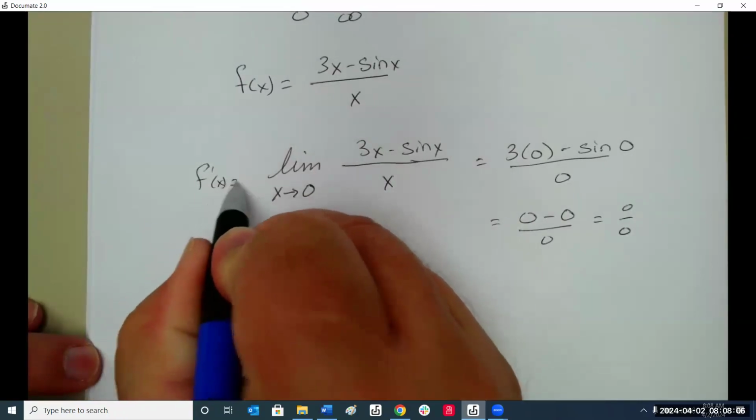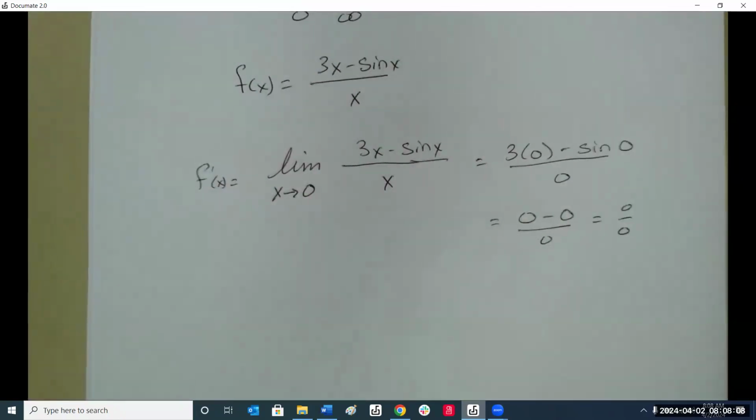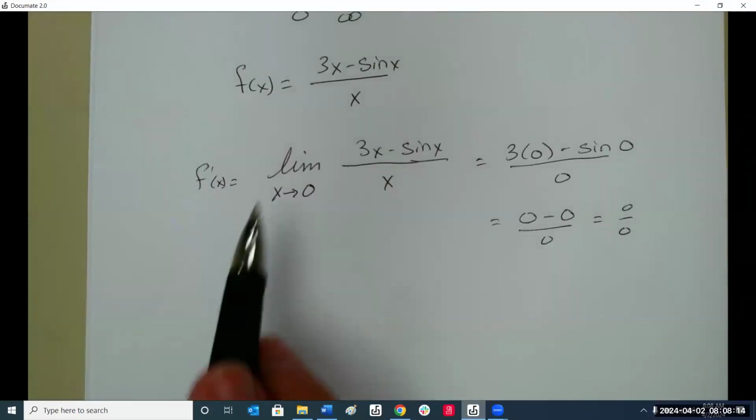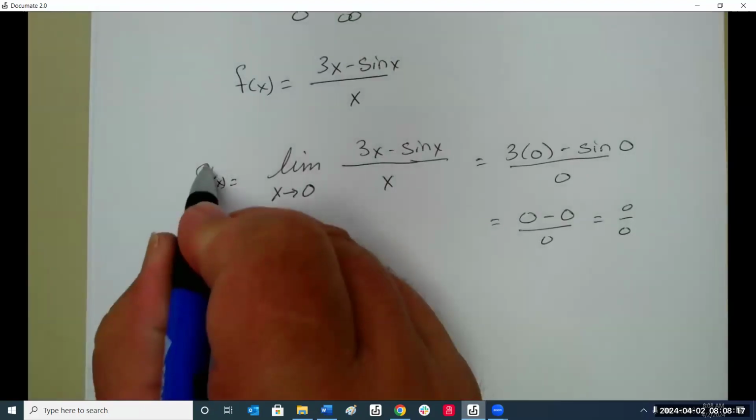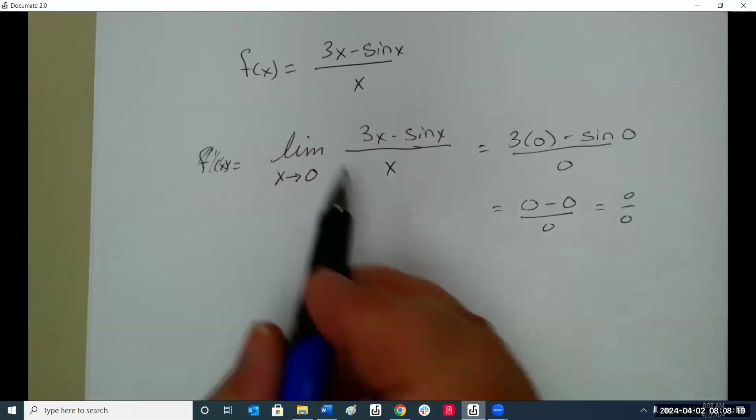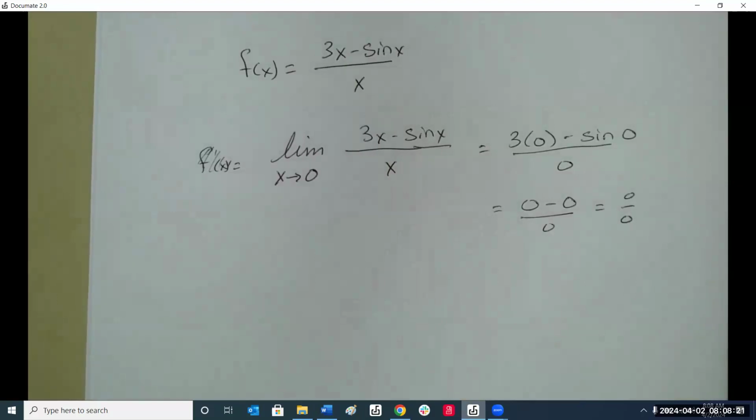Remember, we used the Riemann sums to figure out what exactly is a derivative. So what this says is, no, it's not really defined yet. So we said at zero, we have nothing. We can't get to zero.